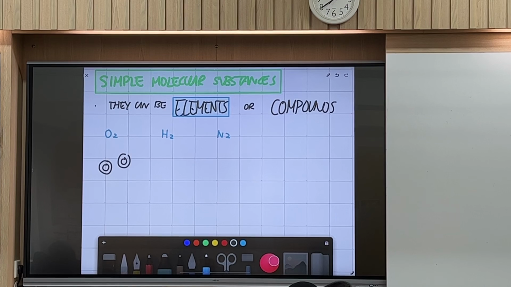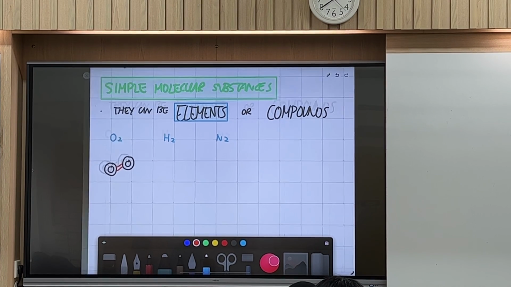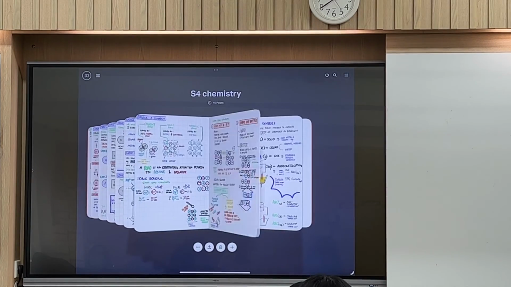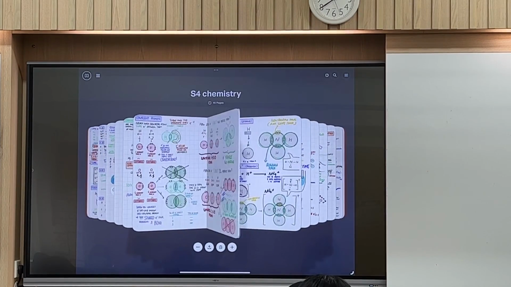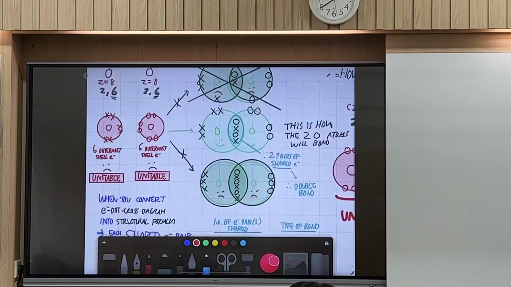They only differ in the way they are bonded. For example, O2 means there is a double bond. We already saw why O2 will form a double bond. Do you remember? Why would oxygen form a double bond? Is it because with a single bond, they become stable and happy? No. If you're unsure, let me go back here real quick. Do you remember oxygen? We discussed it here.